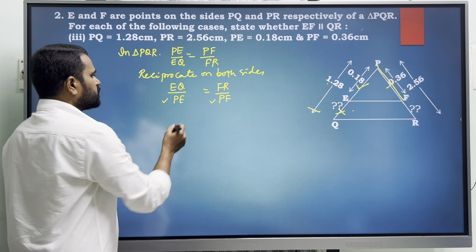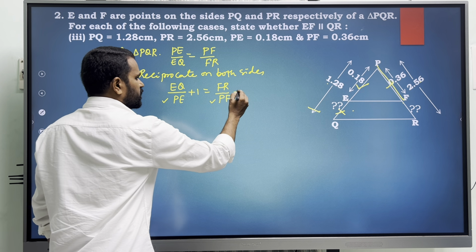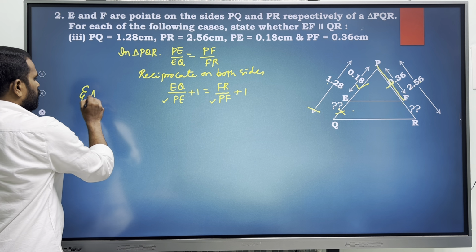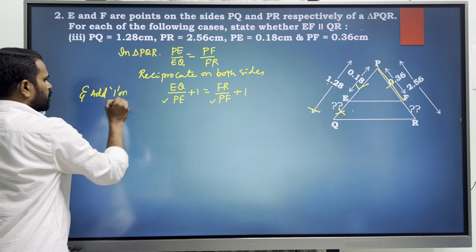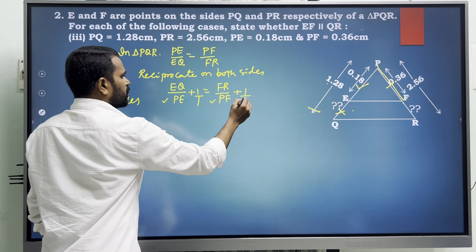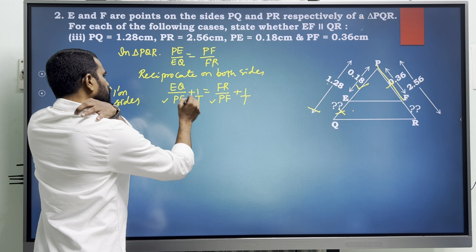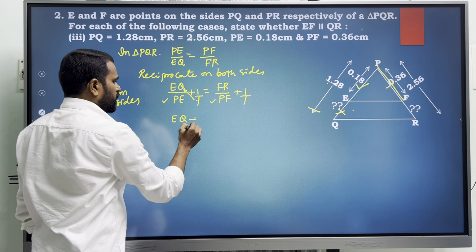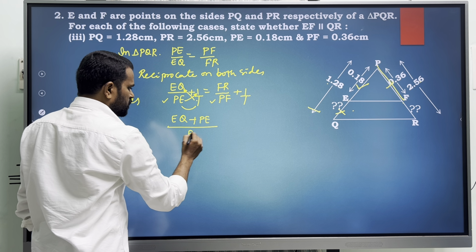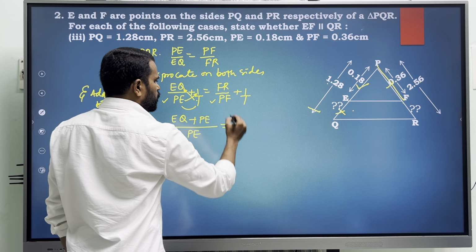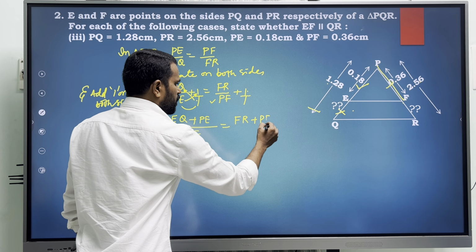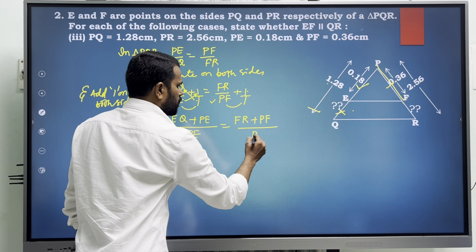So whichever value I know, I am taking it in the denominator. Here these values I don't know, so I will add 1 to both sides. Reciprocate on both sides and add 1 on both sides. So what will happen? 1 into EQ plus 1 into PE is PE by PE, into 1 is PE. That equals 1 into FR plus PF into 1, PF by PF, into 1 is PF.